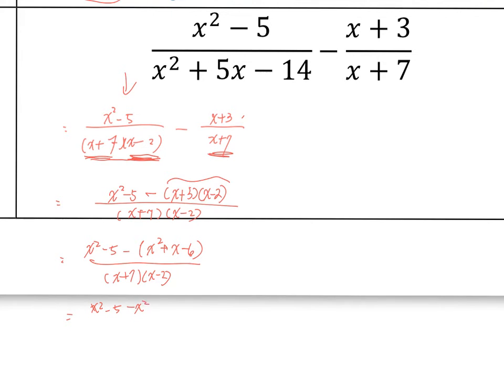So that'll be negative x squared minus x plus 6. I'm going to cancel negative x squared. And then we can keep going with negative x plus 1 all over x plus 7 times x minus 2, and this will be your answer in simplest form.